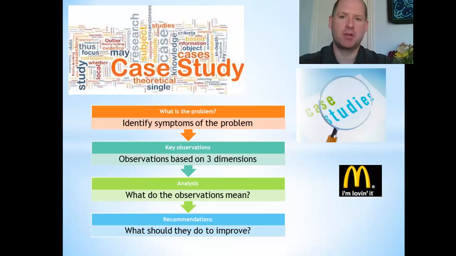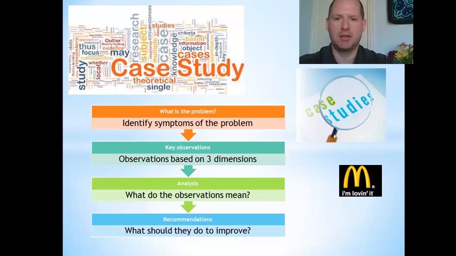Many of you are taking this, and it's the first case in the course, which is a team case. And we have Google in China. But just to orient you, the case study really is looking at what is the problem is the first phase, and the second phase is what are key observations.